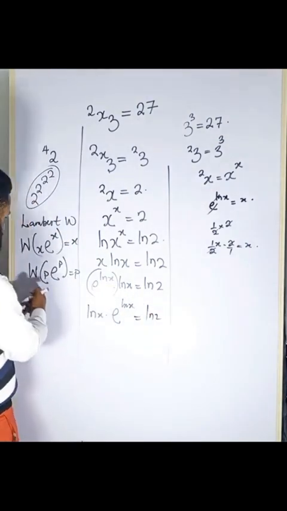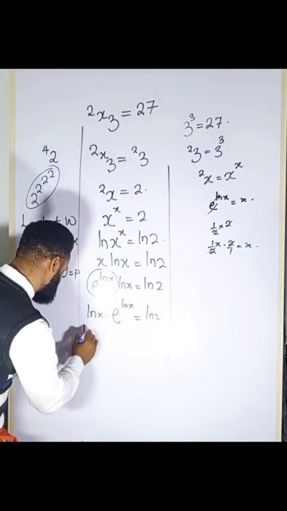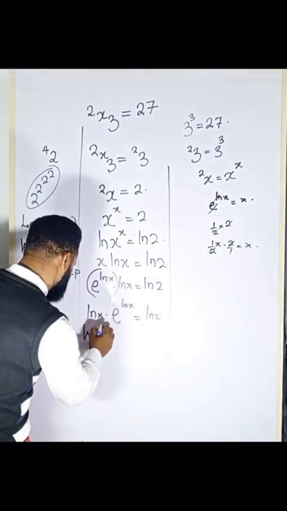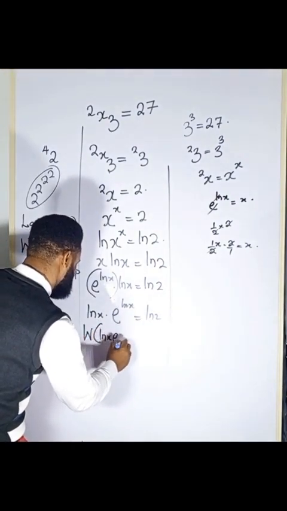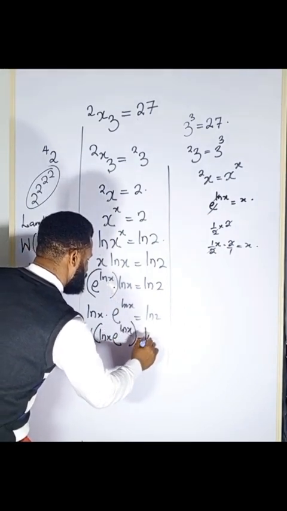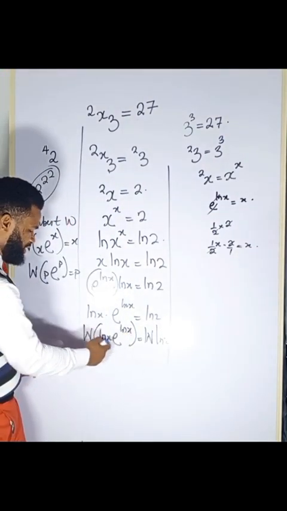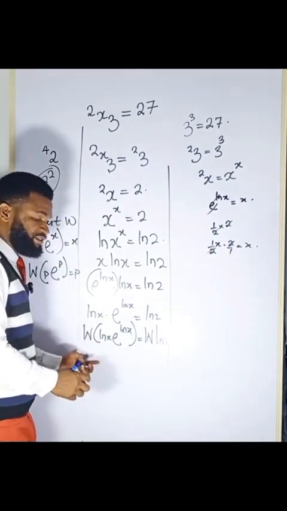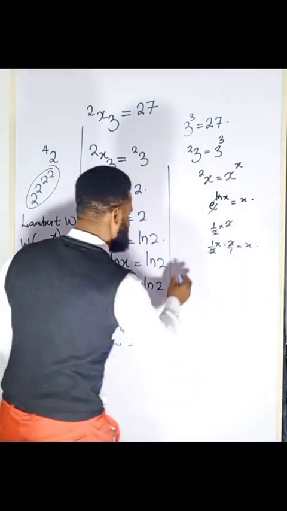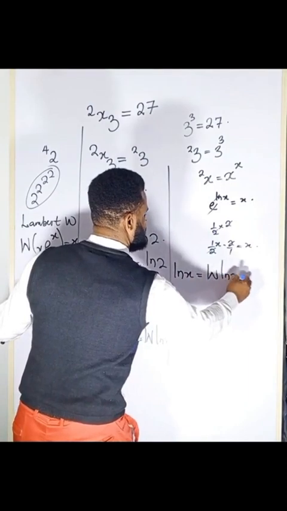Look at this, I can now bring in my Lambert W. I will apply the Lambert W function to both sides, because I can't do it on just one side. ln x e to the power ln x is equal to W function of ln 2. When I apply this W function to the left hand side, I'm going to have ln x, which is equal to W function of ln 2.